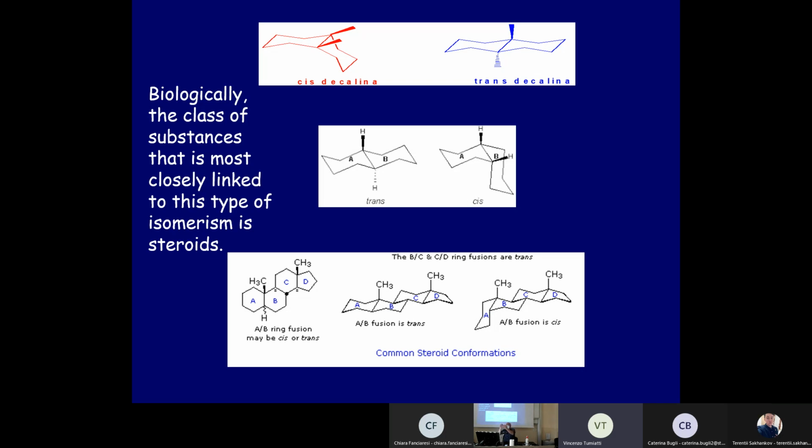In the trans isomer, here you see the difference. You see the two hydrogen atoms here in the trans position, and you can see that the two cycles are on the same plane.